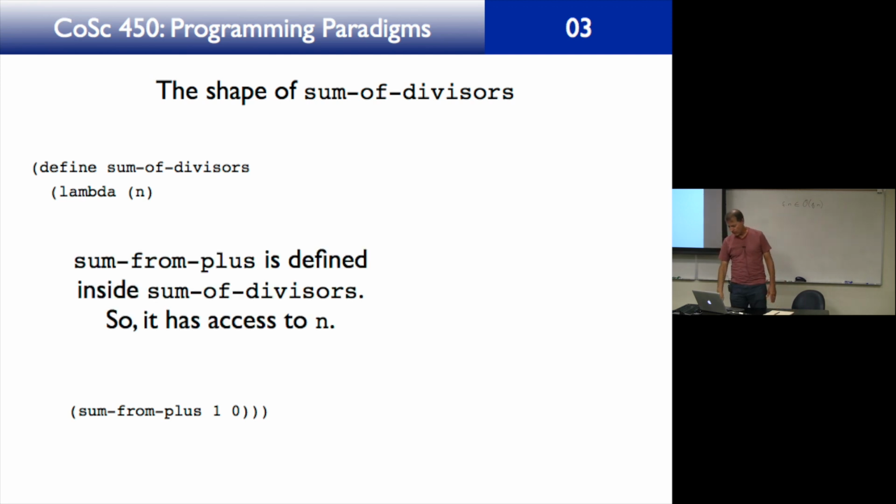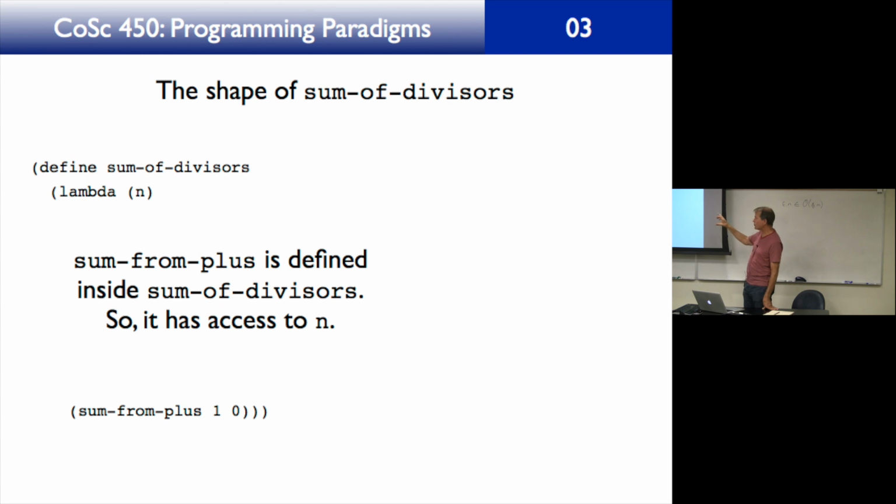Sum from plus is defined inside of sum of divisors. The reason we do it this way is that if it was defined outside of sum of divisors, it would not have access to n. But this way, it has access to n.